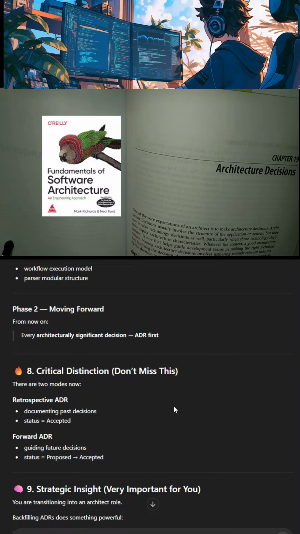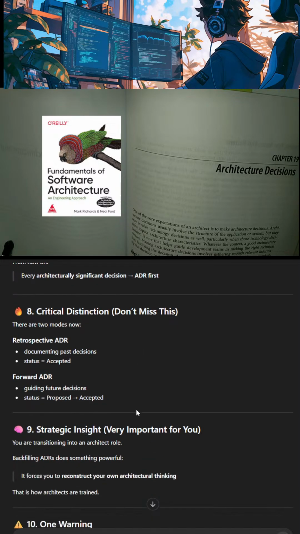Okay, so my question is, if I'm going to create an ADR, does the ADR need to be finalized before starting the development?